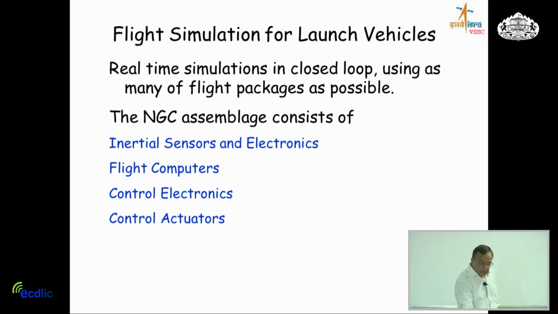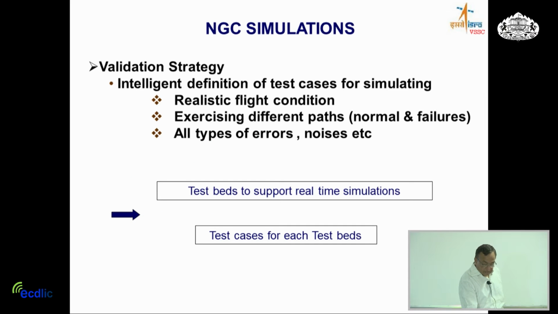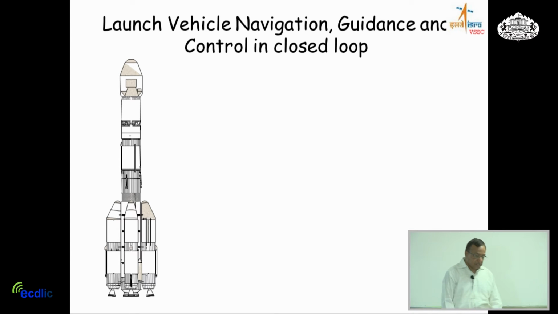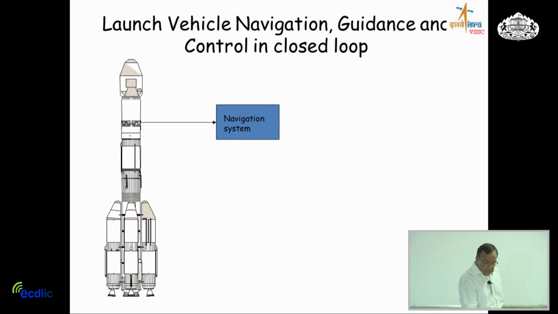Now another thing which has come up is the real-time simulation in closed loop. Why are we requiring the real-time systems? That we can understand from here. See, if you look at a launch vehicle, when it is moving, it has some rates, rotations and acceleration that are sensed by a navigation system, which gives input to the guidance system.